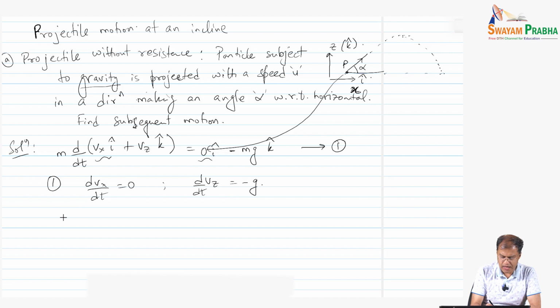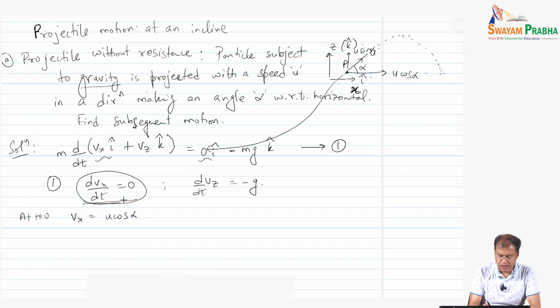So we see that initially the particle is being projected along the line making an angle alpha with a speed u. So vx initially will be u cos alpha and vz initially will be u sin alpha. Okay. So at t equal to 0, we have that vx is u cos alpha, and since the change in this component is 0, this component of the velocity is always going to be this constant, which is the value at t equal to 0.